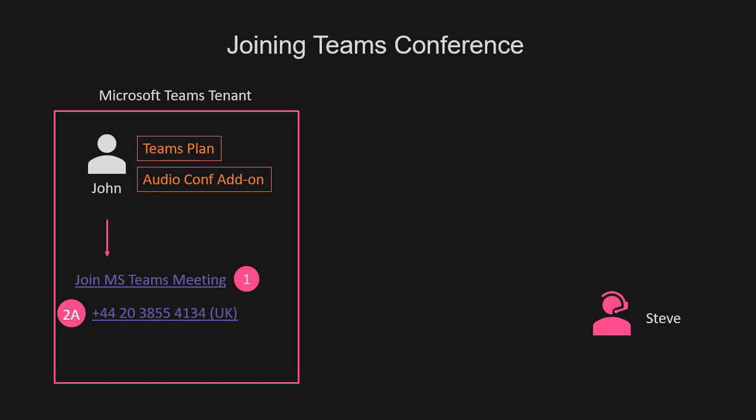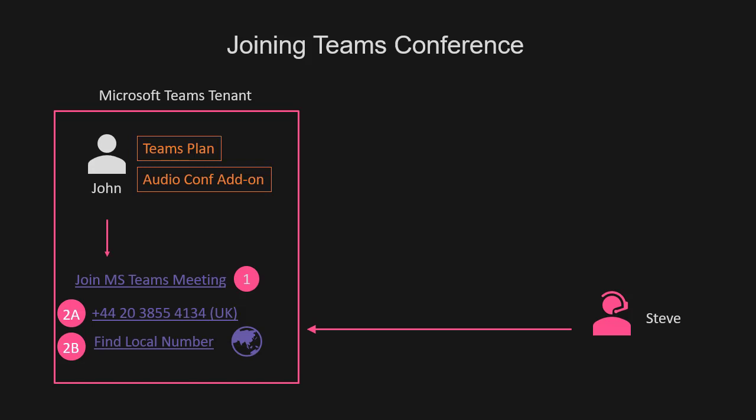By default, in my case, it is a UK number. So if the invitee, or Steve in this case, lives in the UK, he can join your meeting by calling that number and he will be charged as if he is doing a local call in the country. Or if Steve lives in Sydney, for example, and he wants to dial in to the conference, he doesn't want to call the UK number since he will be charged for an international call.